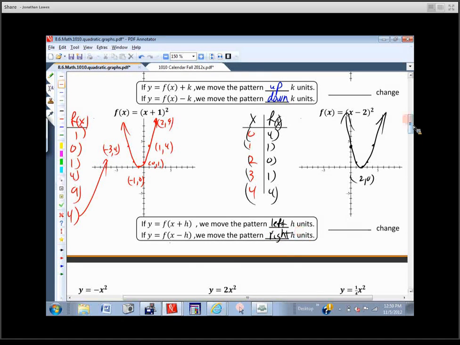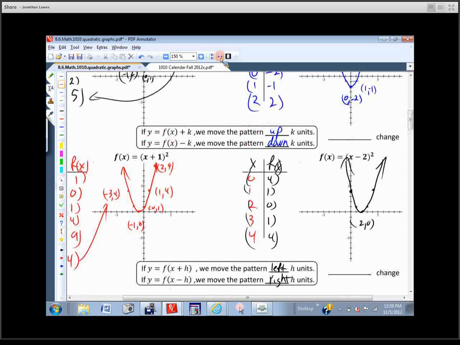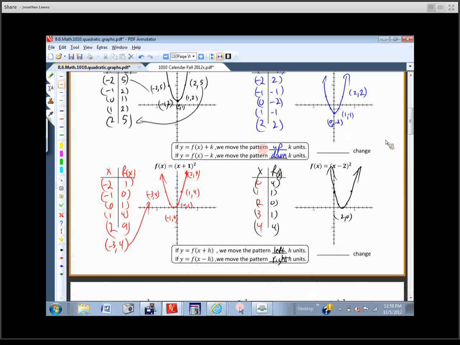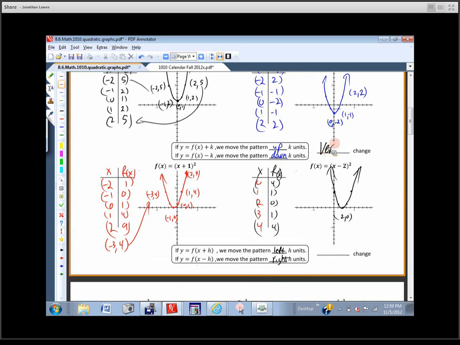Now, I want you to also notice these things right here. If I have a function and then I add or subtract something, we figured out that moves it up or down. That makes it a vertical change. If, though, we take the x and add or subtract something before the function makes the shape, that's not a vertical change. We move it to the right or left, so that's a horizontal change.